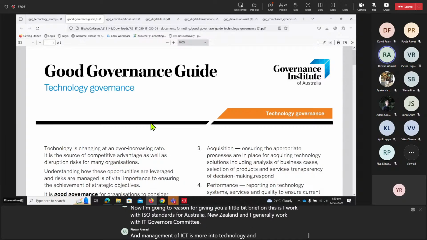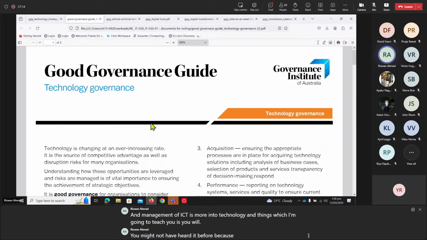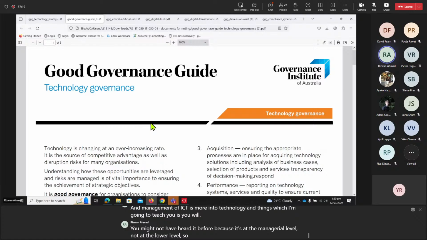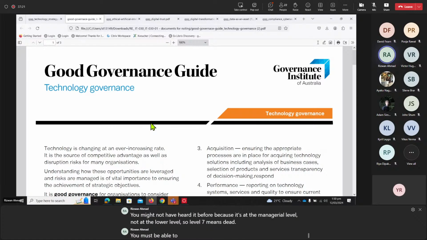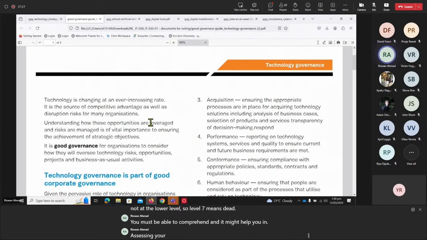And the things I'm going to teach you, you might not have heard before because they're at the managerial level, not at the lower level. Level 7 means that you must be able to comprehend, and it might help you in assessing your systems or making your assignments easily.